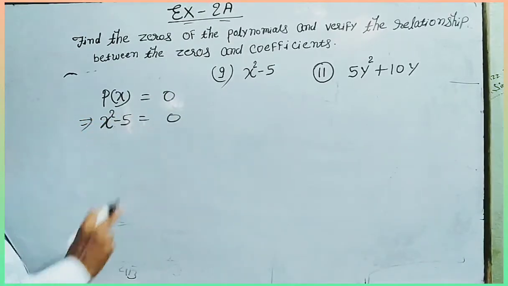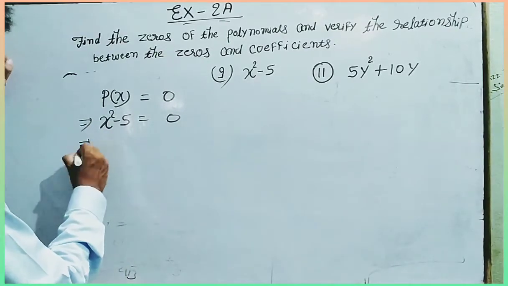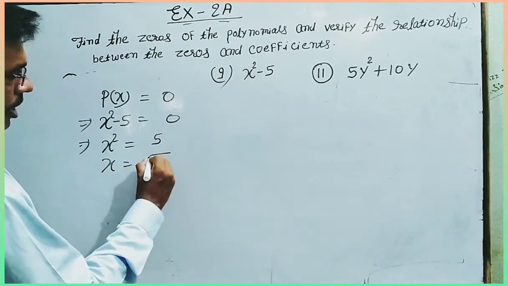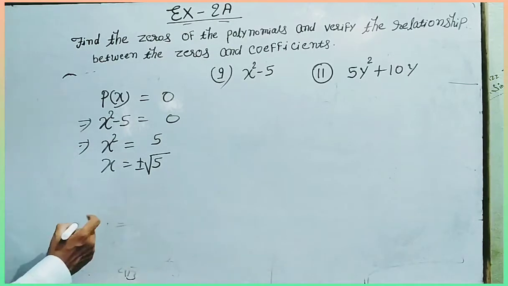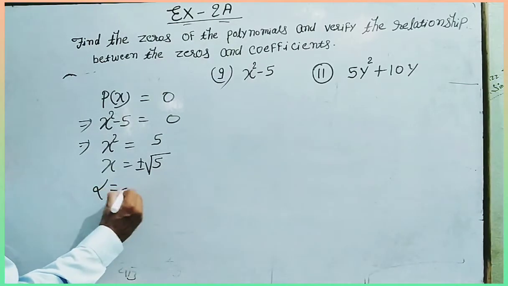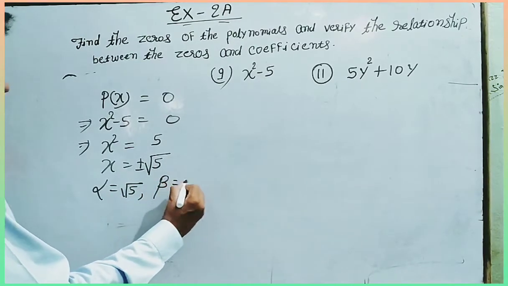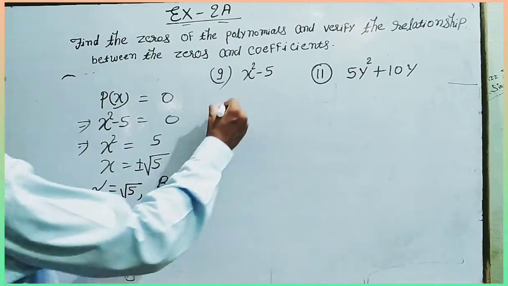You cannot split it, you only find the value of x in this question. So x square is equal to 5, so x is equal to under root 5, and under root 5 means plus minus root 5. So alpha is plus root 5 and beta is minus root 5.